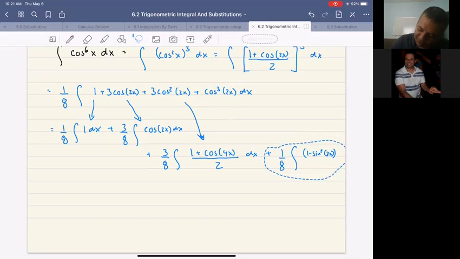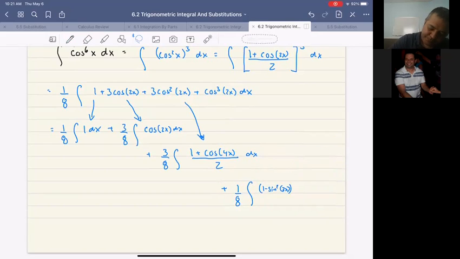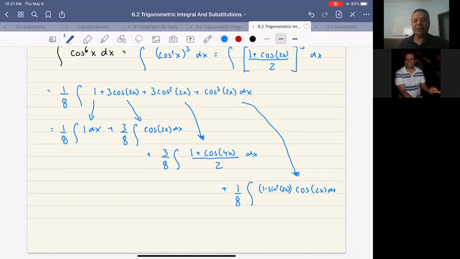Give it more space. Okay, so u here is going to be sine of 2x, and your du is going to come out. So you can integrate that one as well.